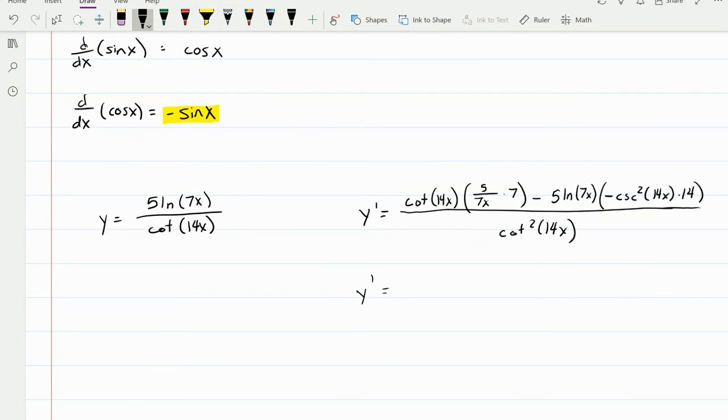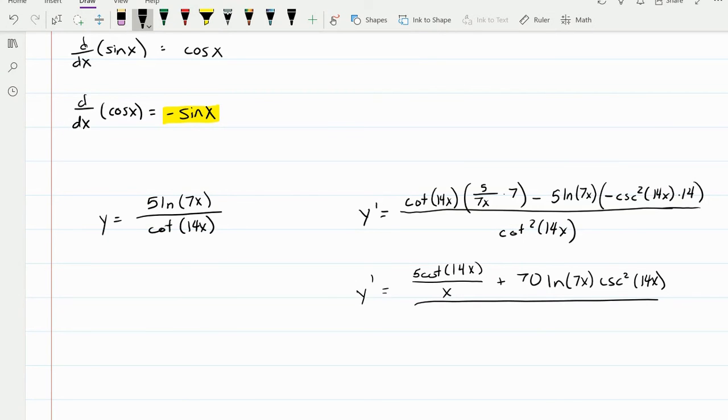So first step is 5 cotangent 14x over x plus 70 ln 7x times cosecant squared of 14x all over cotangent squared of 14x. So at this point, we've completely simplified everything that's in our numerator. Nothing really to simplify in our denominator, but I still have a fraction inside of my whole fraction here.